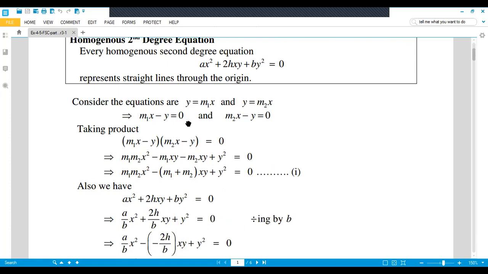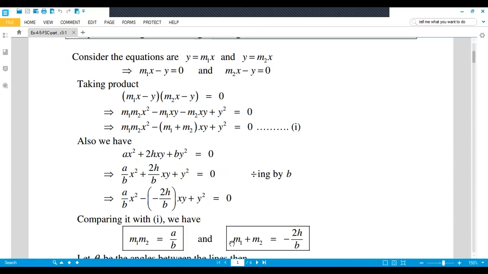Now if you check the original form of the homogeneous second degree equation, that is ax square plus 2hxy plus by square, and divide by b, what you get is a over b x square plus 2h over b xy plus y square equal to 0.